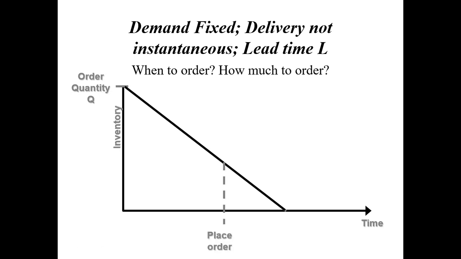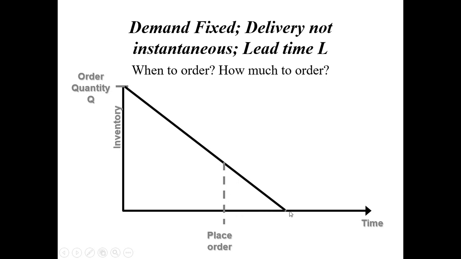So what is the reordering point? We should know when to place an order. When the inventory or stock becomes equal to a certain level, that is called the reordering point, then we should place an order.